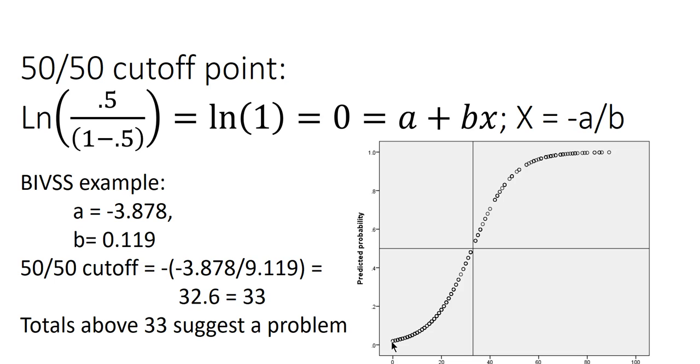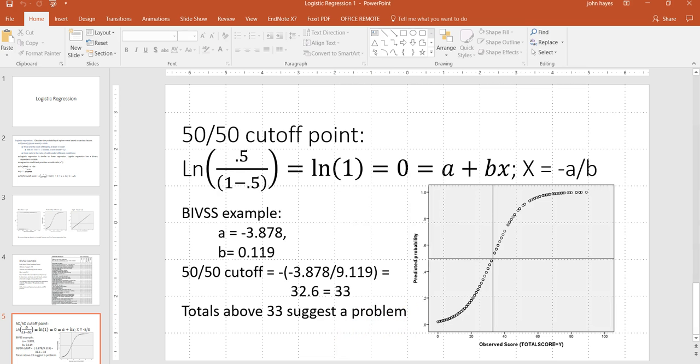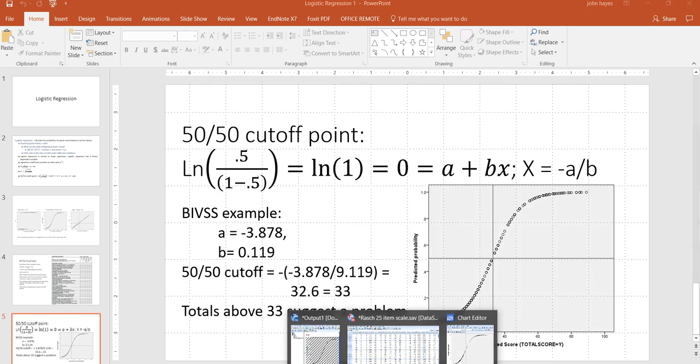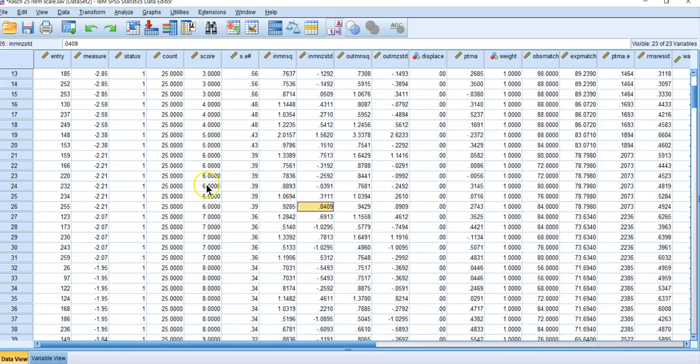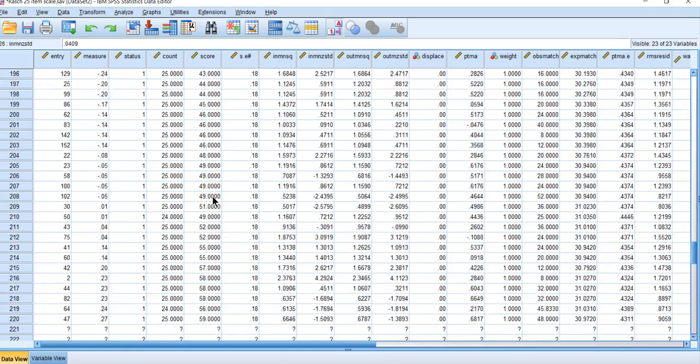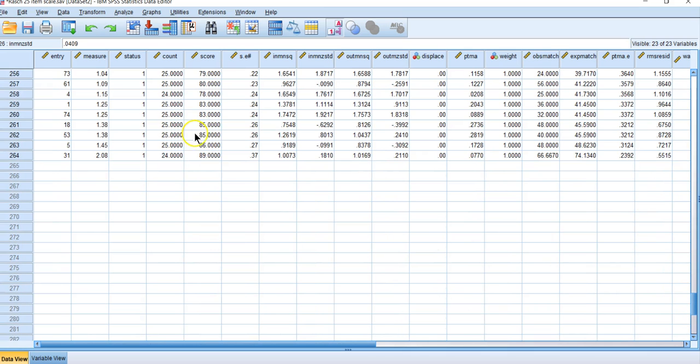Okay, let's go into an example. Let's see how we do this. In this data set, I have the score for each person, so we have zeros, ones, twos, threes, kind of rank ordered up to about 89.